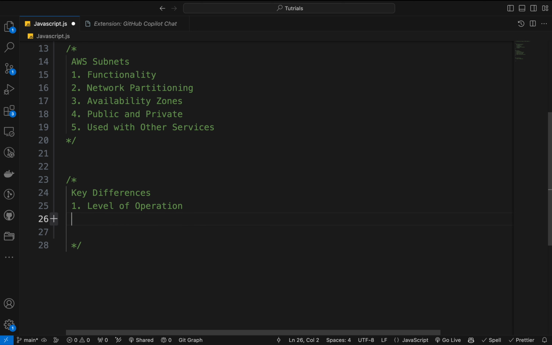Let's talk about the scope. A security group can be associated with multiple instances across different subnets, whereas a subnet defines specific network boundaries within a VPC. Let's talk about the types of control.